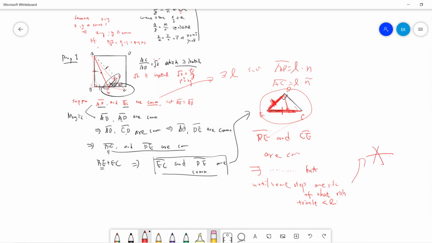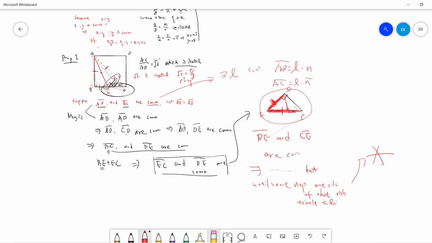So it's a contradiction. The idea is that if we start from a right triangle and suppose that one side and its diagonal are commeasurable, then we can create a smaller right triangle, and DE and CE are still commeasurable.